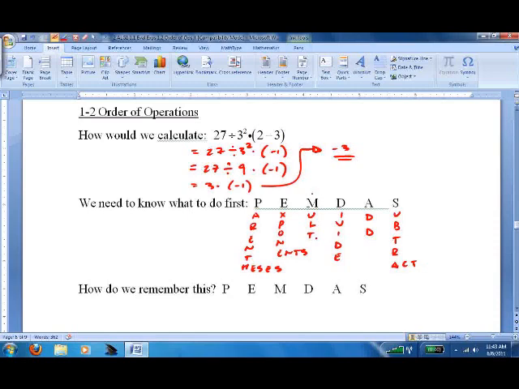And, as I just noted, these two are left to right. So if you come across a division before multiplication, you would do it if that's all that's left in the equation. Same thing for these two. So addition and subtraction are done left to right.